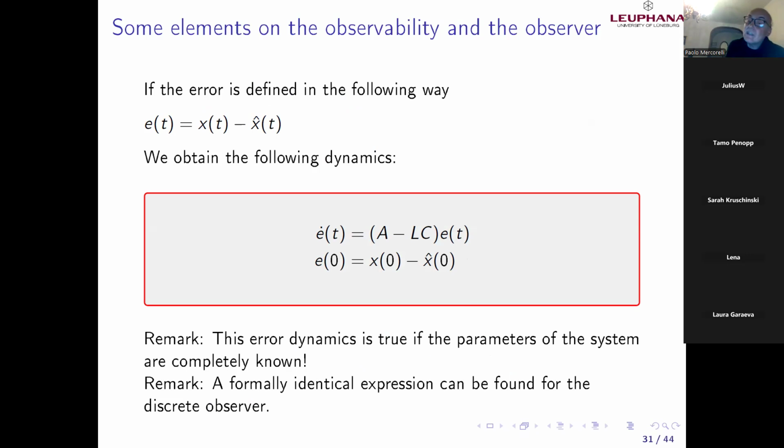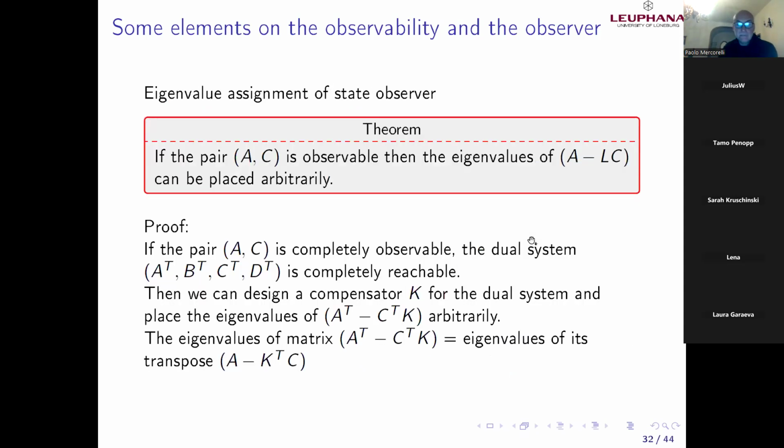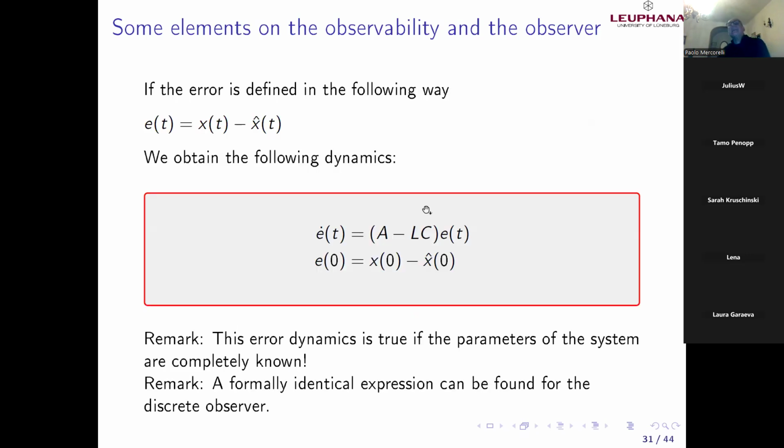managed using a matrix L, which basically allows us to place the eigenvalues where we want. In fact, this theorem says that if the system, which is characterized in terms of observability by the matrices A and C, is observable, then the eigenvalues of A minus LC, exactly the eigenvalues which characterize the dynamics.